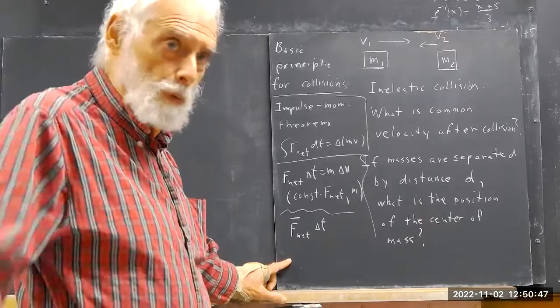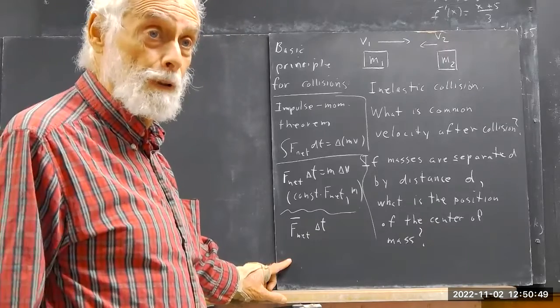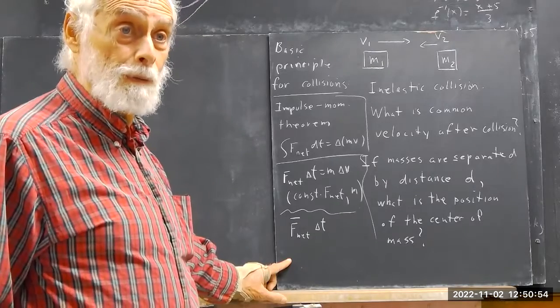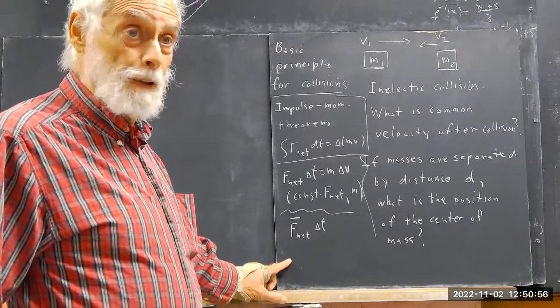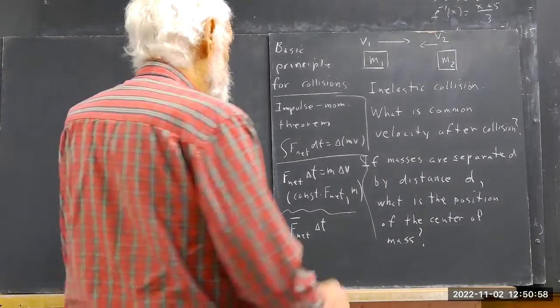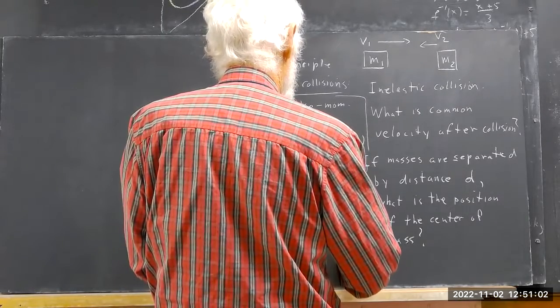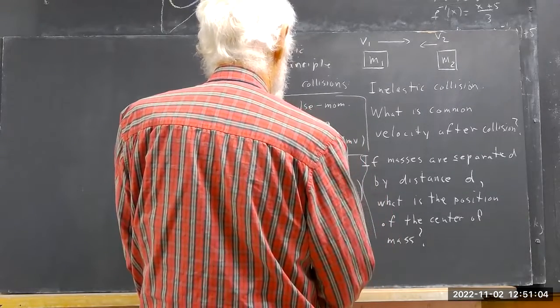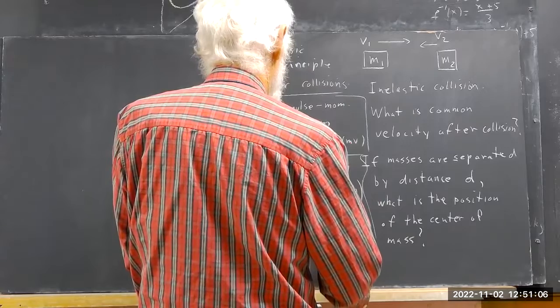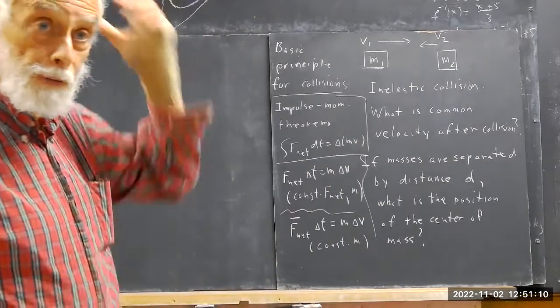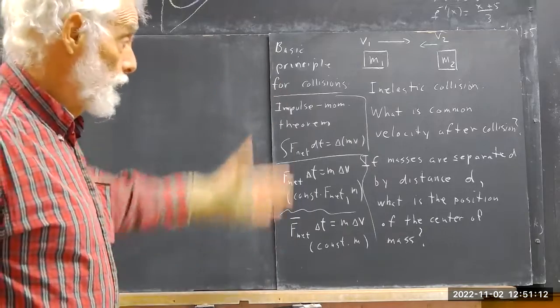Which is a short way of stating something a little more complicated, something you should be well aware of because it's very important in applications. So this is what you have for constant M, and this is your starting point.